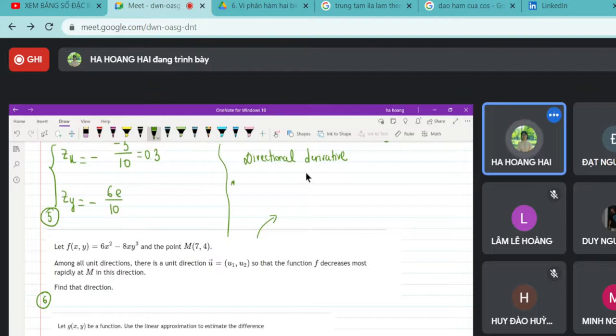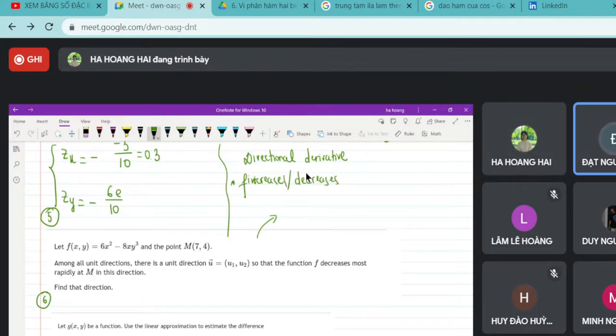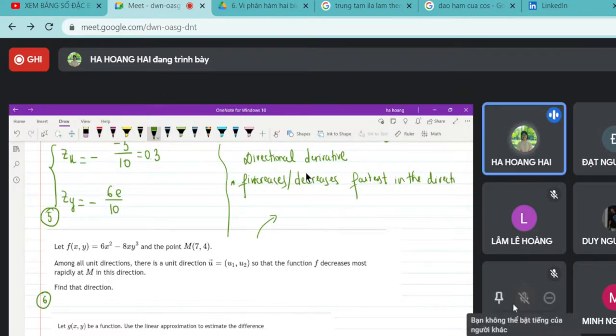We have the statement that f increases or decreases fastest in the direction of vector gradient f and minus gradient f.